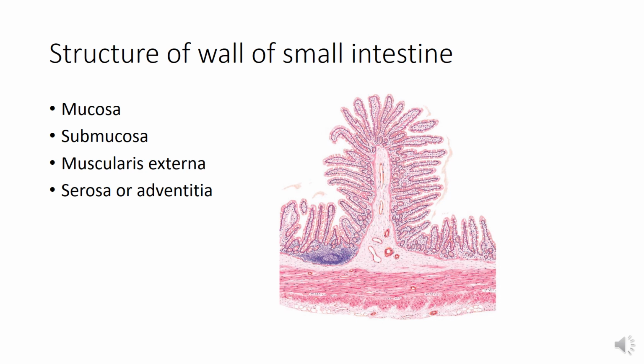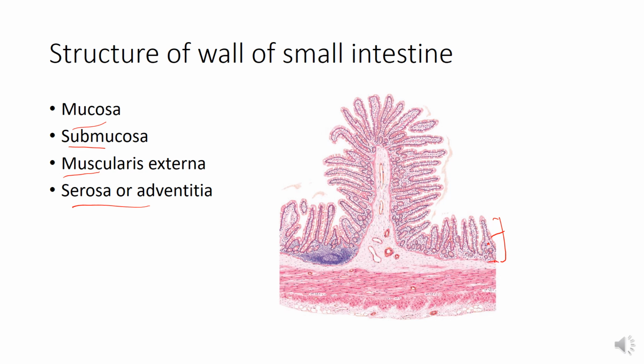The small intestine consists of all the four typical layers of the GI tract, that is the mucosa, submucosa, muscularis externa and serosa or adventitia. So here you can see this is a section of the jejunum, part of the small intestine, and starting from the mucosa. So this is the mucosal layer: epithelium, lamina propria and muscularis mucosae.